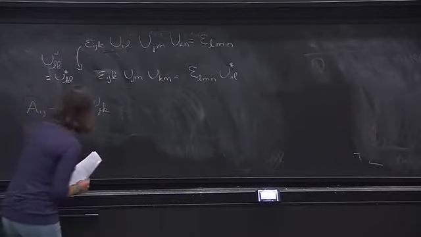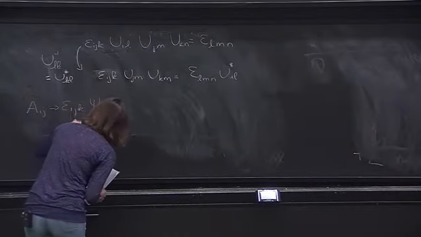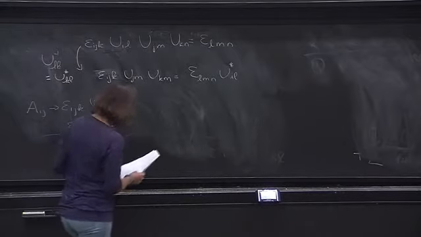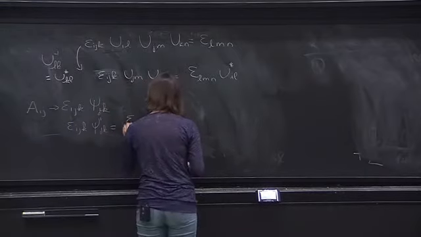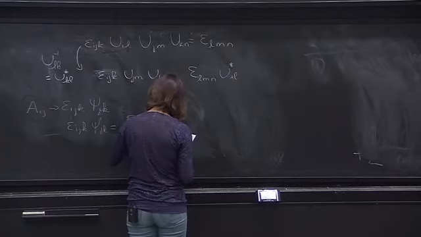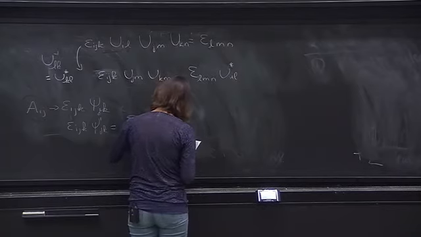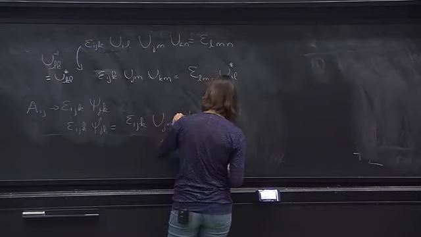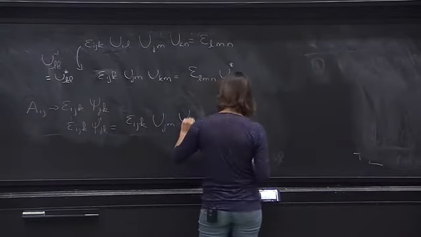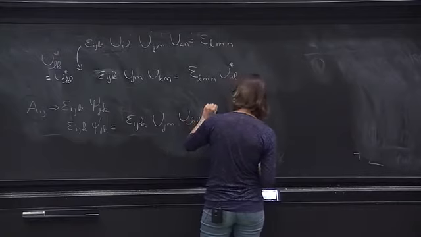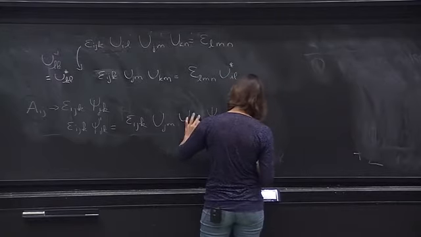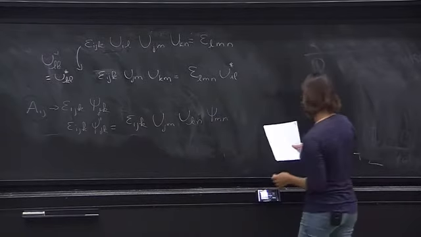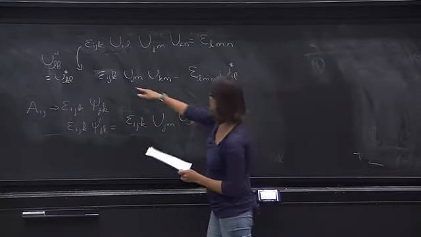So how is this transforming? What do we get? We know that by definition this is epsilon ijk u_kL mn. And we have just shown this equation here.